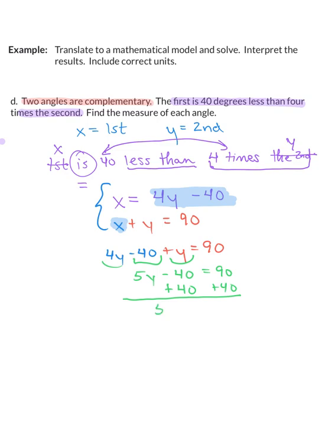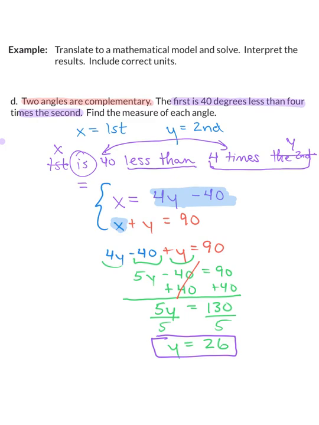We get 5y equals 130. And finally, if we divide by 5, we get y equals 26. So there is the first, or actually the second angle.